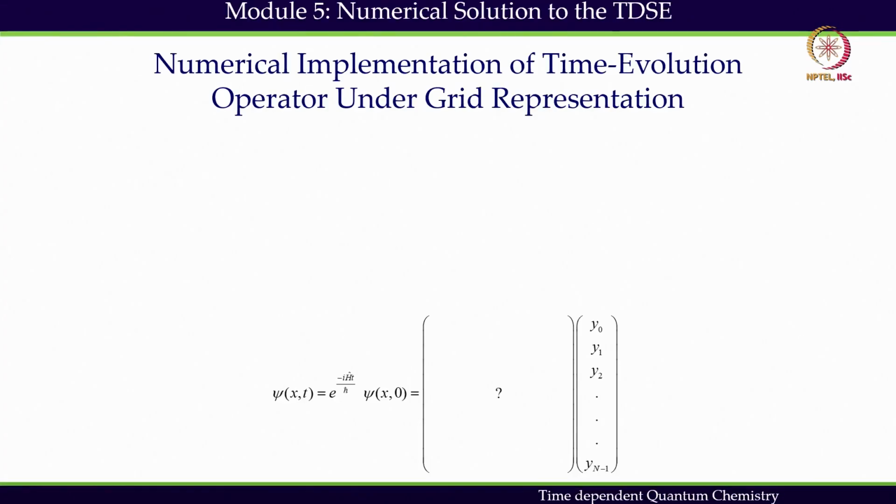So, what we have shown so far is the mathematical strategy to obtain the solution to the time dependent Schrodinger equation. The solution to the TDSE can be very easily obtained by taking this form: the time evolution operator e to the power minus i H t by h cut, acting on psi x 0.